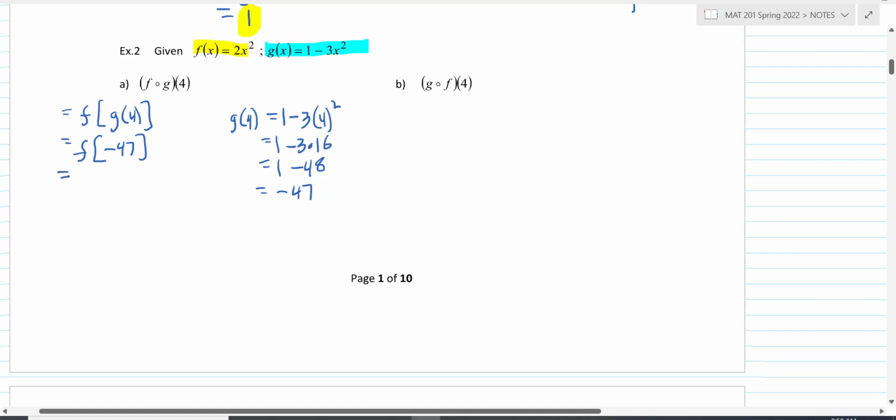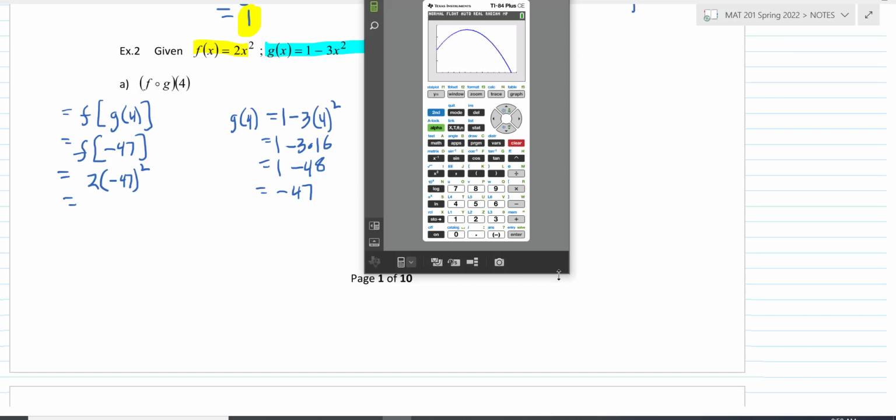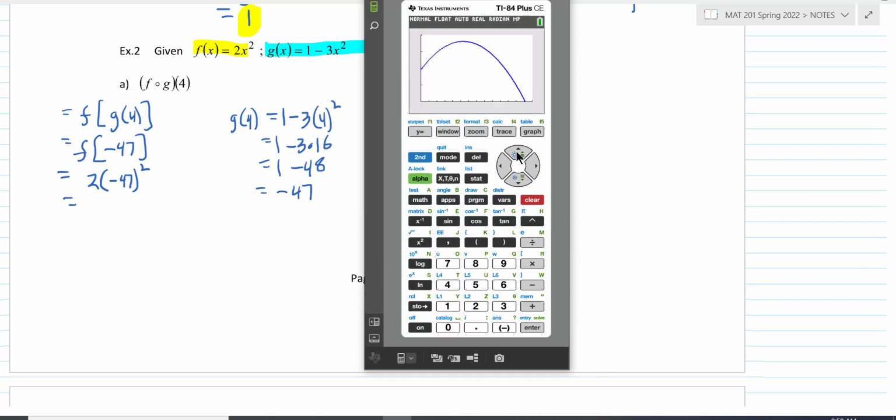So you start with the function on the right, g, get that answer, then you plug that into f. So f of x is 2x squared, so I'm going to do 2 times negative 47 to the second. Pretty big number there. I'll just pull out my calculator for that one. Make this a little bit bigger so I can see what I'm doing.